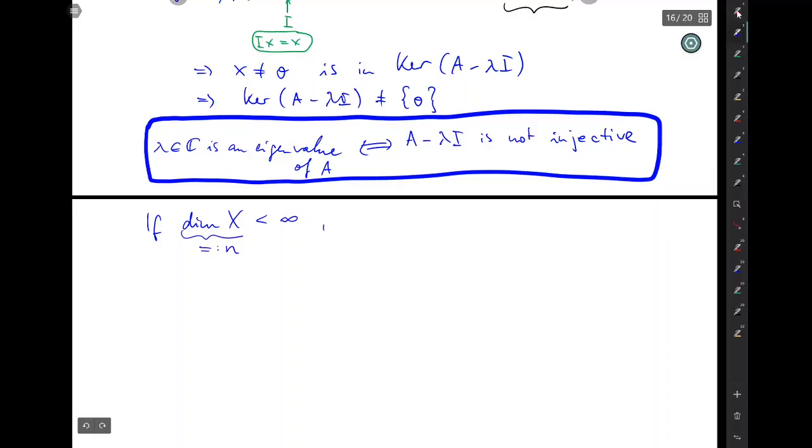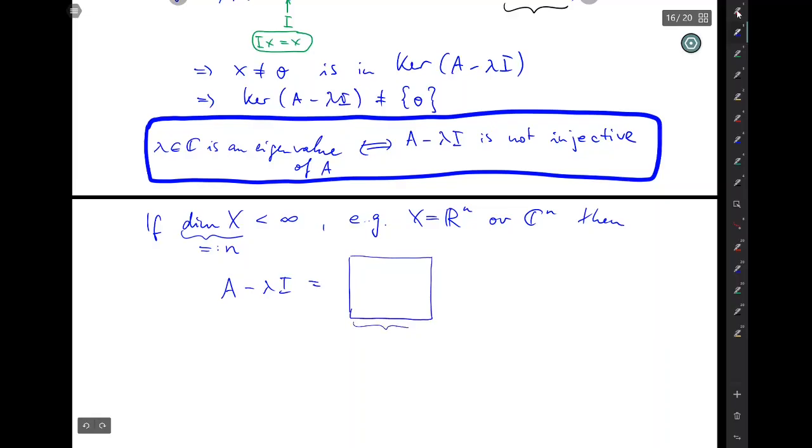So for example, X is just Rn or Cn, then how do you check whether your matrix A minus lambda I is injective or not? Well, you look at A minus lambda I, which is then an n by n matrix.